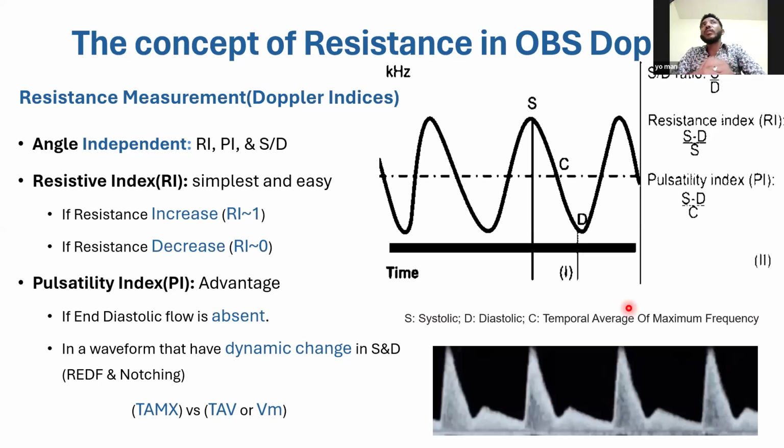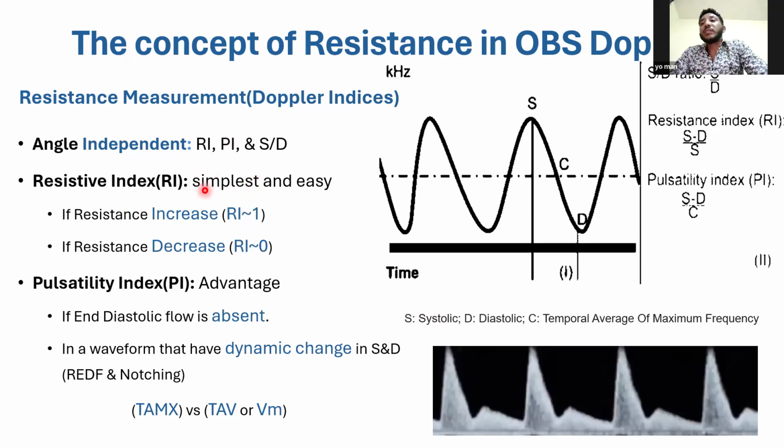So the units all cancel out, and even if we measured the angle at, let's say, 60 degrees, it doesn't alter the value of those indexes, SD, RI, and PI. So interpretation of the resistive index is straightforward. It's the simplest and easiest.